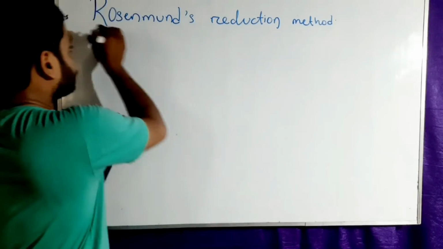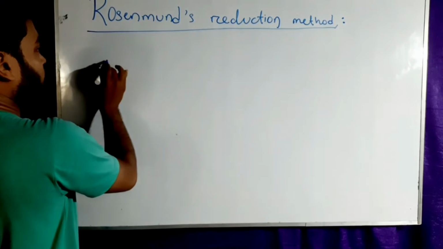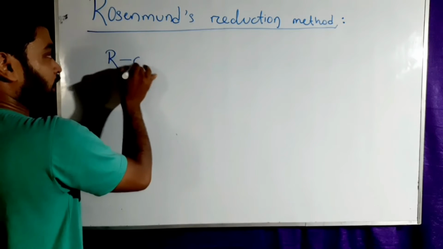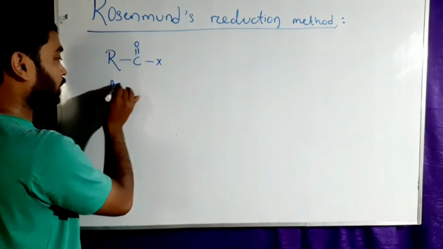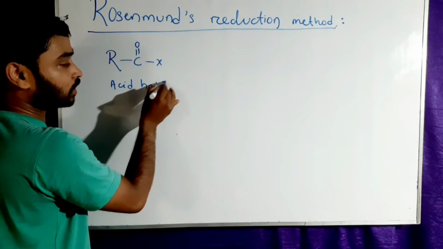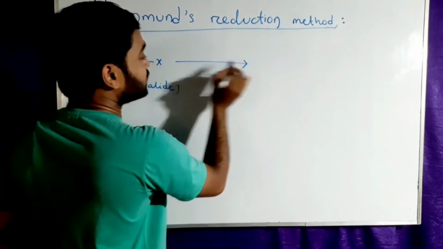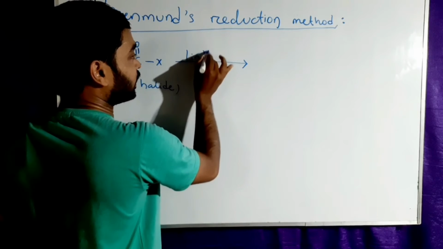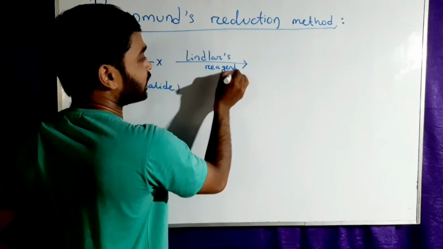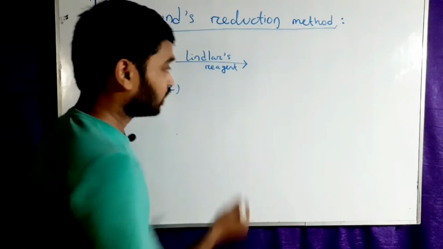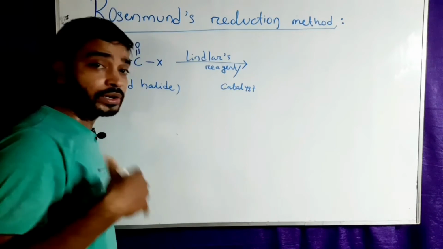So let's start the partial reduction method. RCOX is the general formula of acid halide, which upon partial reduction by Lindlar's reagent, or Lindlar's catalyst, is helped in the controlled reduction process.